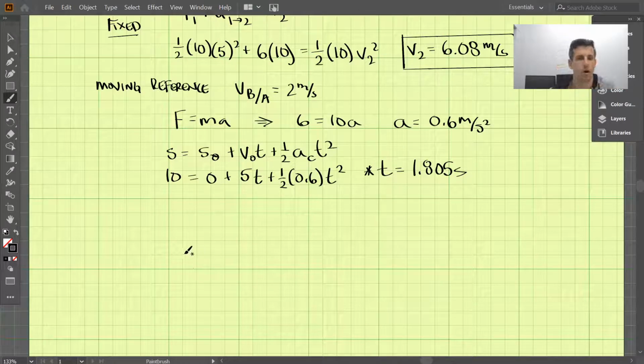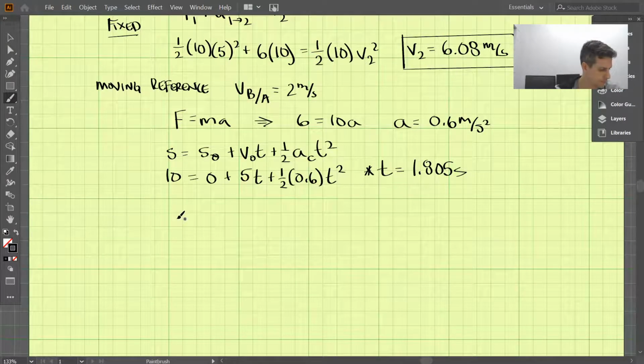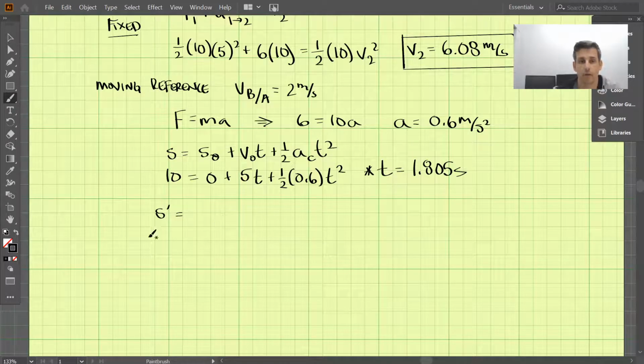Let's call this S prime, the distance the observer on the cart moves. They're moving at 2 meters per second, and it takes 1.805 seconds.